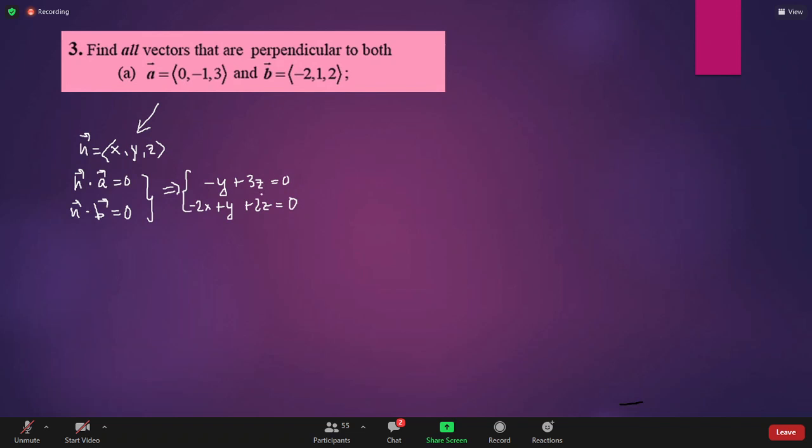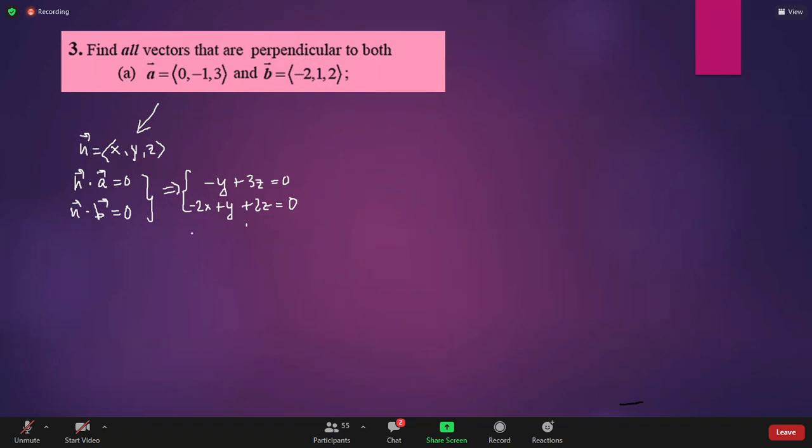Actually, this system is pretty simple. We could use Gauss method, I suppose, but that's too big a thing for two equations.